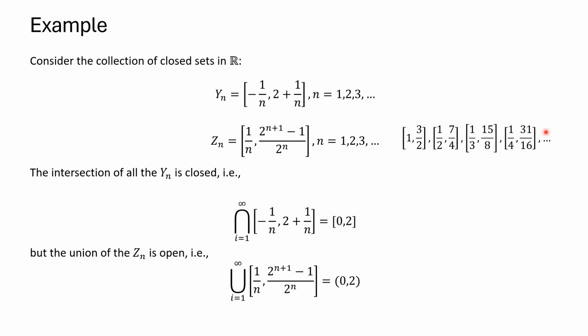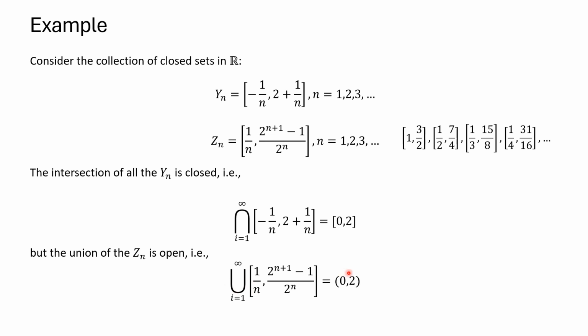This is approaching 2. So you never actually include 2, because it's only in the limit that you have 2 here, but you're getting closer and closer to 2. And this sequence here, 1, 1/2, 1/3, approaches 0, but it never actually includes the point 0.